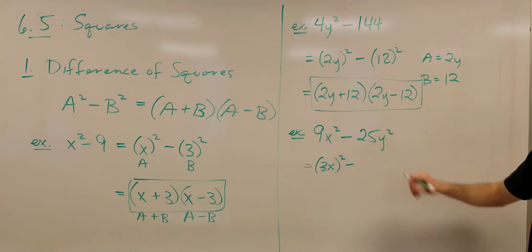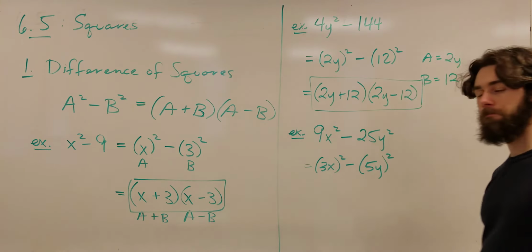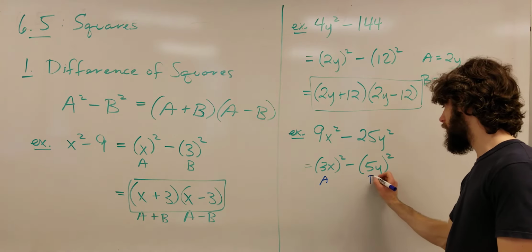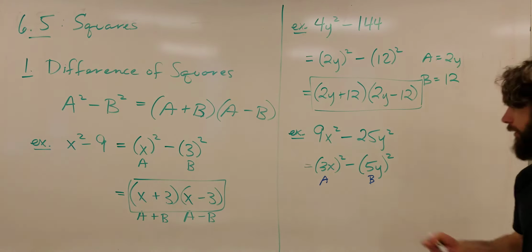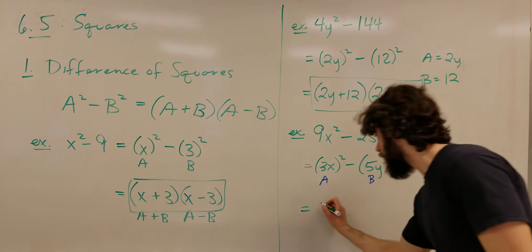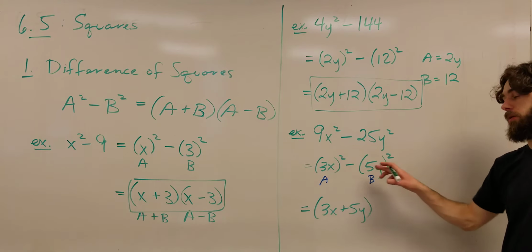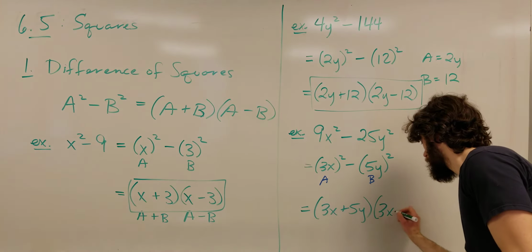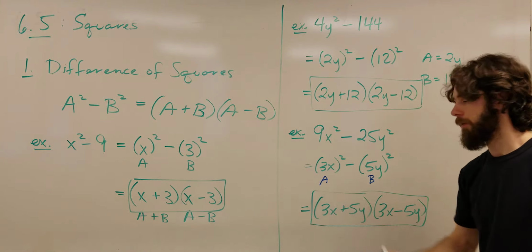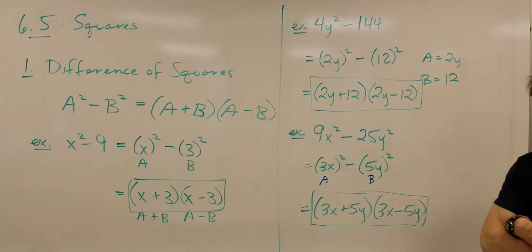And then 25y squared, that would be the square of 5y. So in this case, our A is the 3x, our B is the 5y. So our factorization should be A plus B is 3x plus 5y, and then A minus B, 3x minus 5y. Okay. So that's difference of squares in several examples.